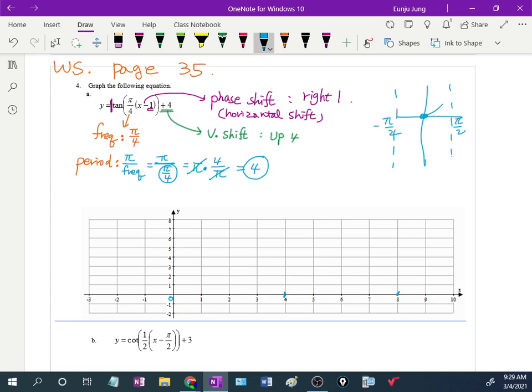The graph on the right-hand side goes this way, approaching the vertical asymptote, but it never touches. And on the other side, concave down, it is going down, down, down, following the vertical asymptote. So that is the parent function, okay?